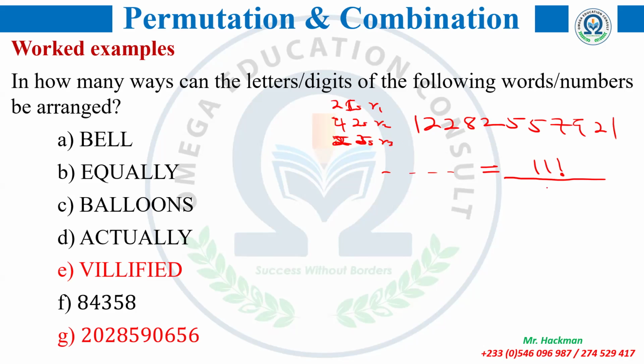So it will be over 2 factorial for the 1s, times 4 factorial for the 2s, then times 2 factorial for the 5s. You get it now? I've gone beyond the video. You should be able to deal with that. If it's letters, it's basically the same way.